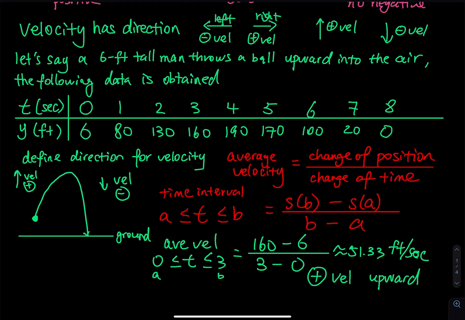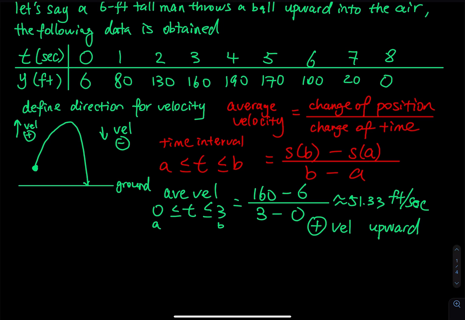Let's do one more. How about the average velocity between the 5th second and the 7th second? So average velocity, the time interval is between 5 and 7. So this will be 7 minus 5, right? And then what about the top?